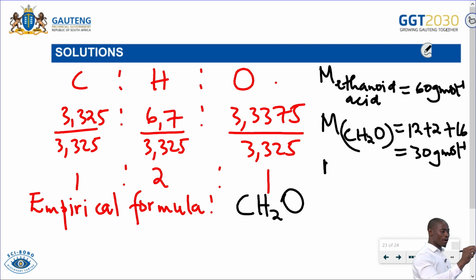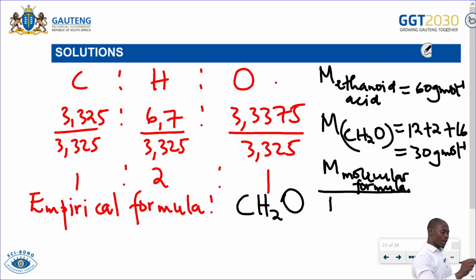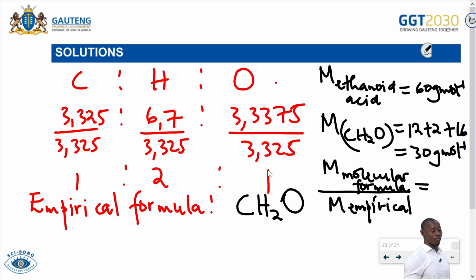Then for the molecular formula, it will be the molar mass of the molecular formula divided by the molar mass of the empirical. So what is the molar mass of the molecular formula? It's 60. The molar mass of the empirical, we have calculated, is 30. So 60 divided by 30 is 2.